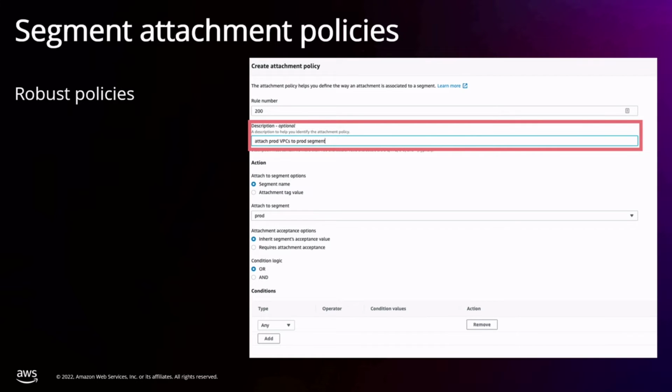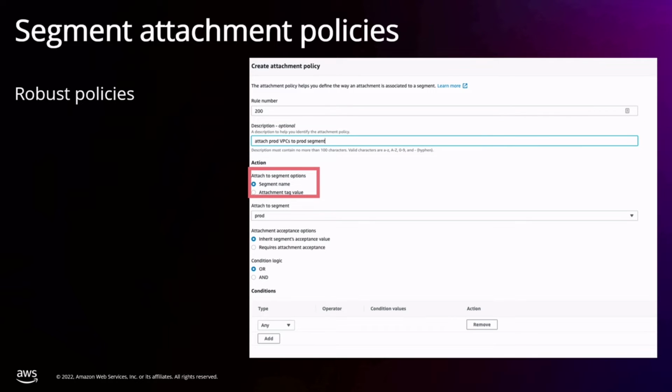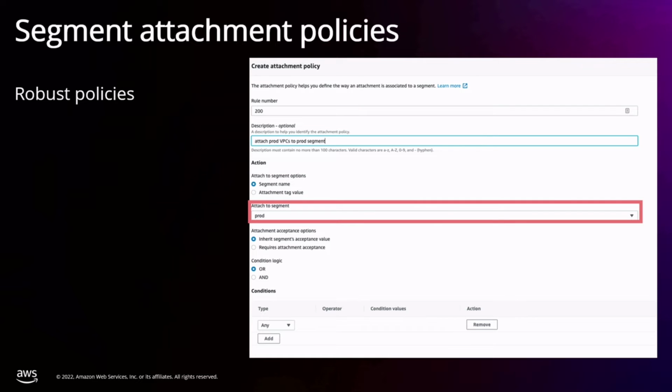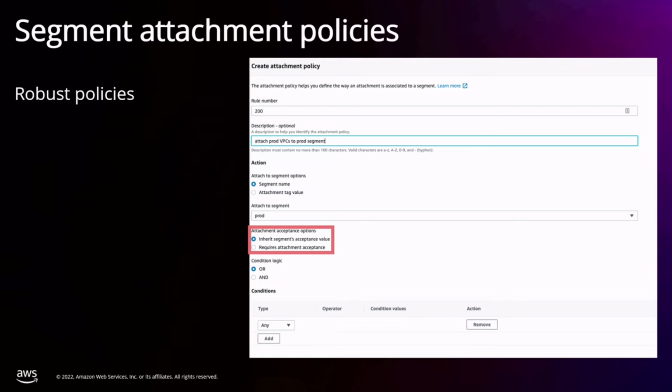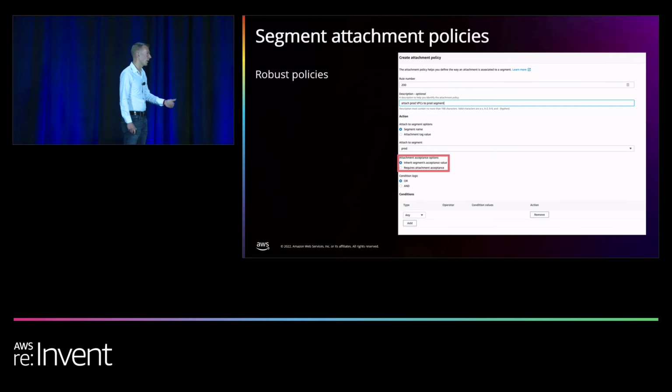We then give it a description. This is completely optional. And then we choose what segment to attach this rule to. So here we can choose prod for the segment to attach to for this policy. And then here we can actually explicitly say, even though the segment might not require acceptance, I still want it to require acceptance based on policy or for whatever reason.